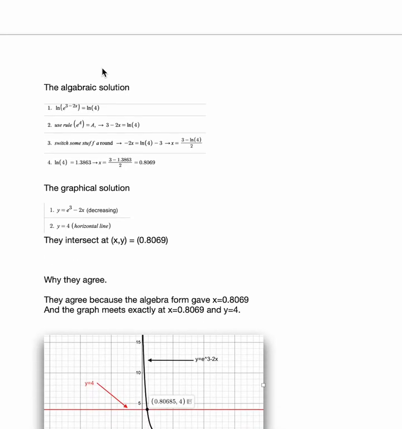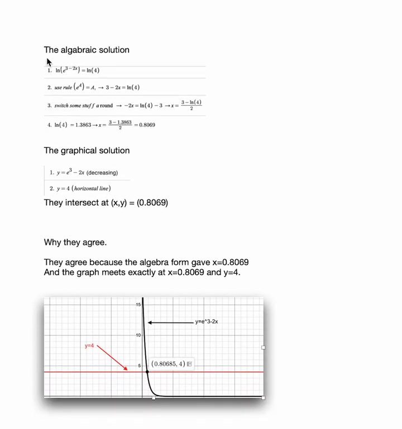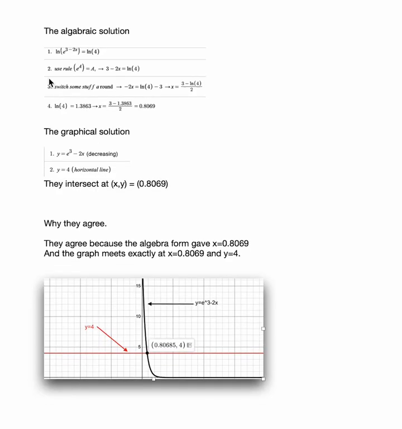So the algebraic solution down here is ln of e^(3-2x) equals ln 4. We use the rule ln of e^a equals a, so we replace a with 3 minus 2x, which will equal ln 4.